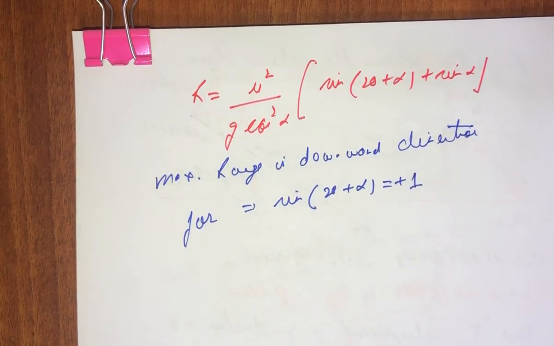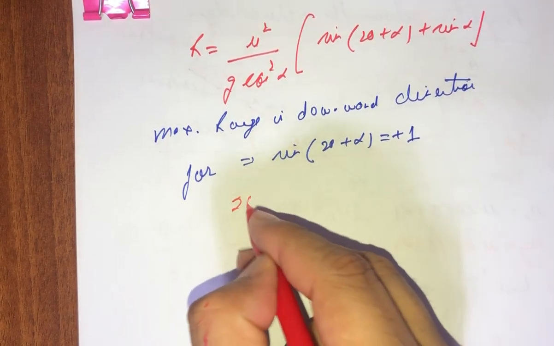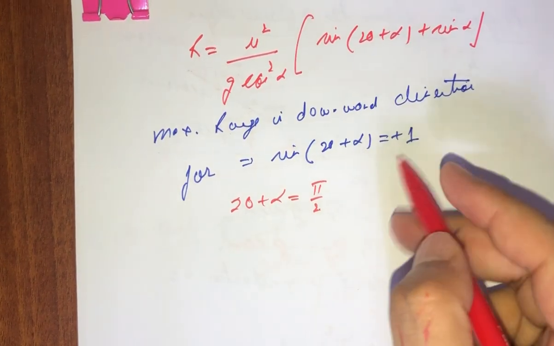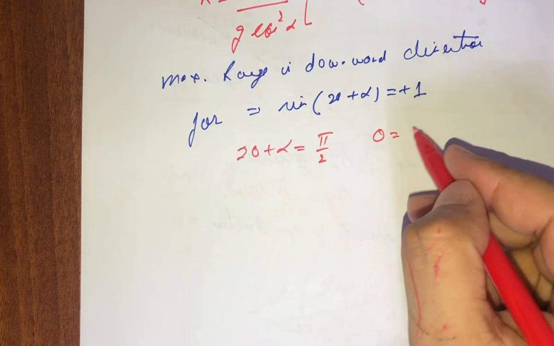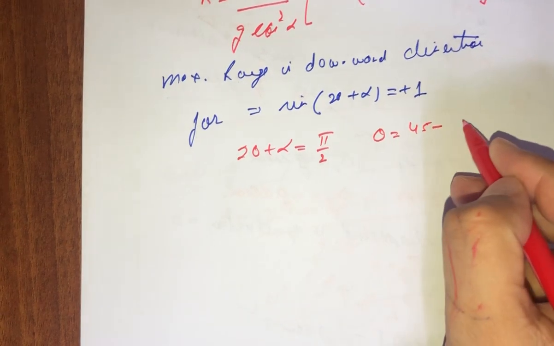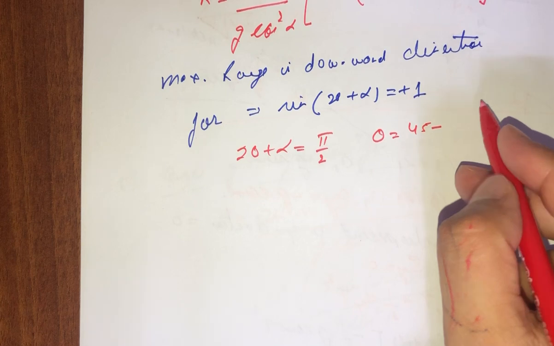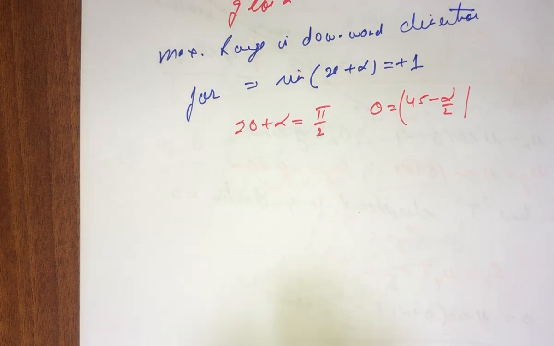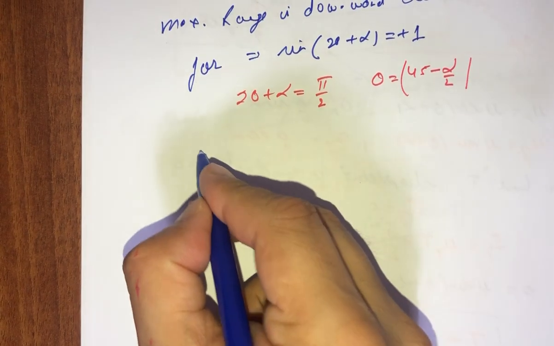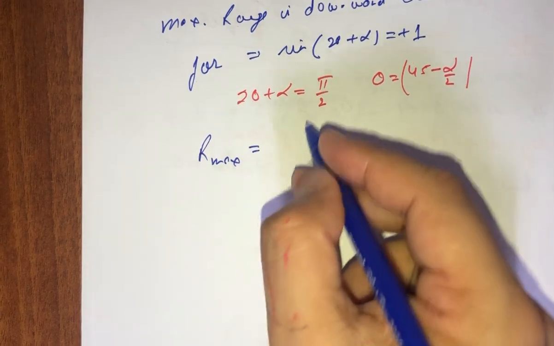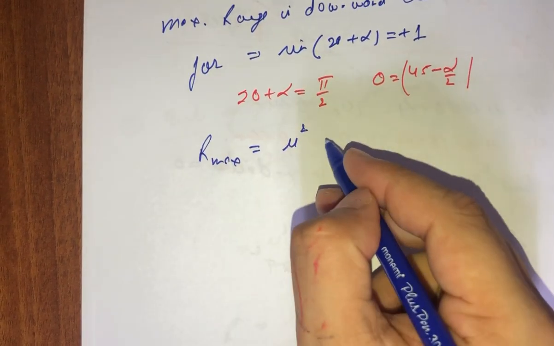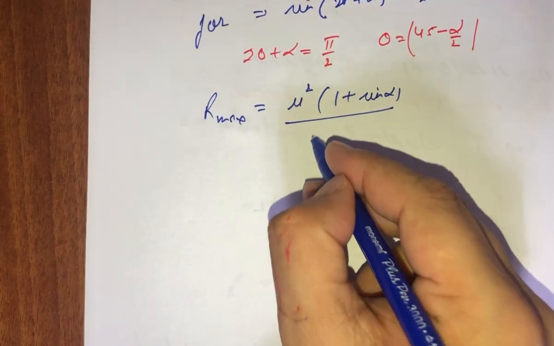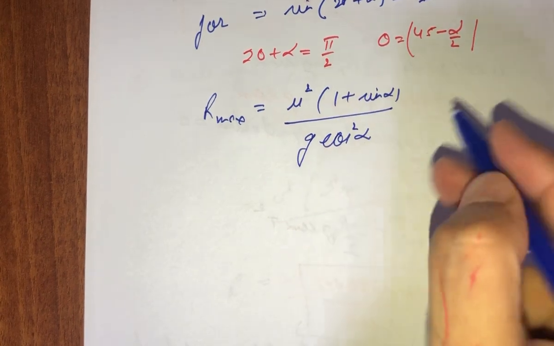Or we can say 2 theta plus alpha is equal to pi by 2, or theta will be equal to 45 minus alpha by 2. So we can find R maximum is equal to u square into 1 plus sin alpha divided by g cos square alpha.